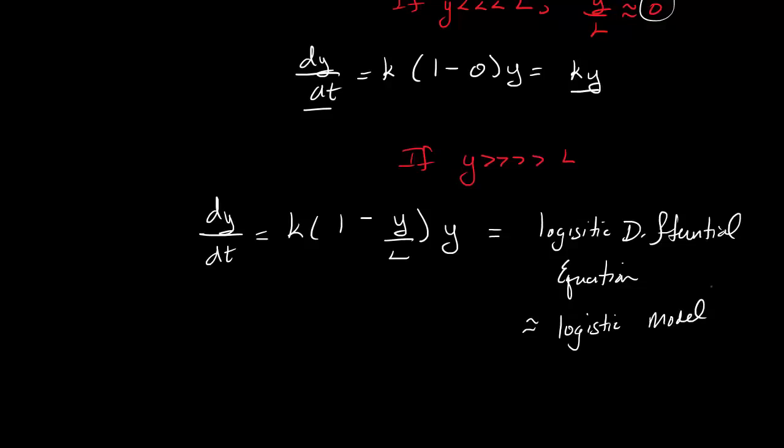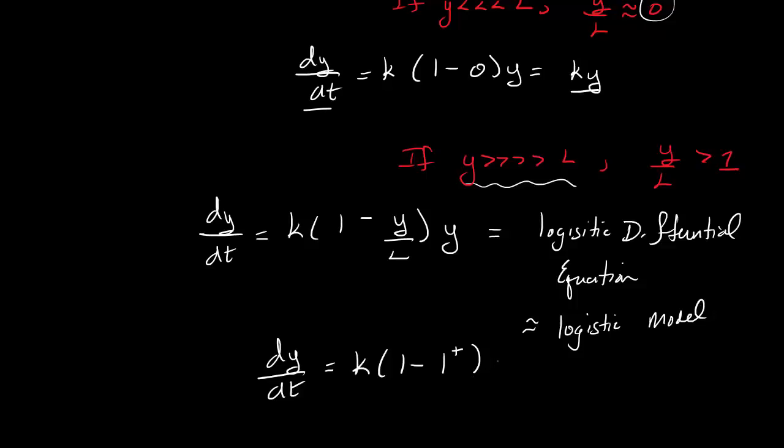So this can be used in a lot of circumstances, but most specifically, we're looking at it when y is far greater than L. That's when we can really see what happens. If y is greater than L, then we know that y/L will be definitely greater than 1. If that happens, then dy/dt is equal to k times (1 minus some value that is greater than 1) times y.